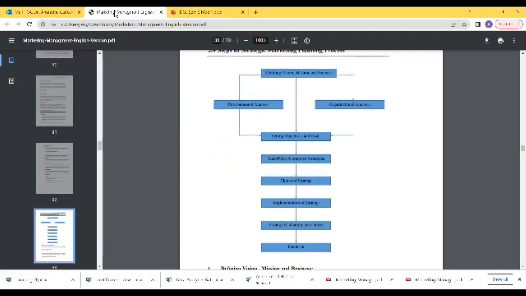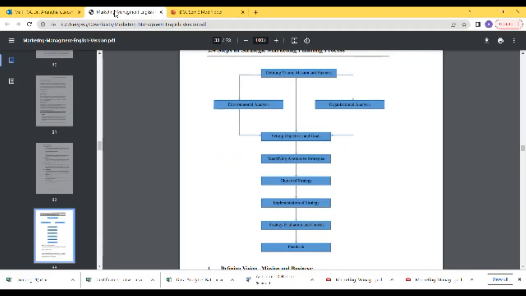So strategic marketing is definitely a top-down approach. It starts from the clarity which the management will have regarding its business, regarding how management sees or perceives the business 5 years down the line, 1 year down the line. What do they want to achieve?